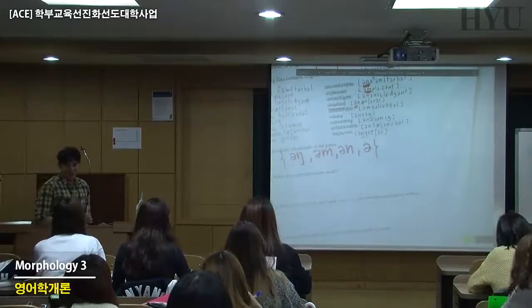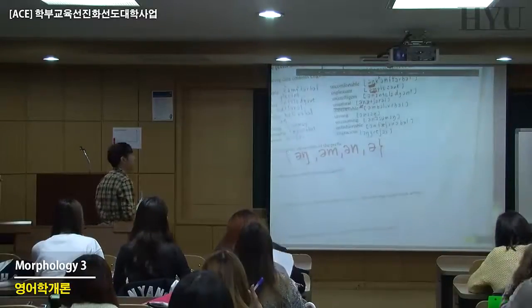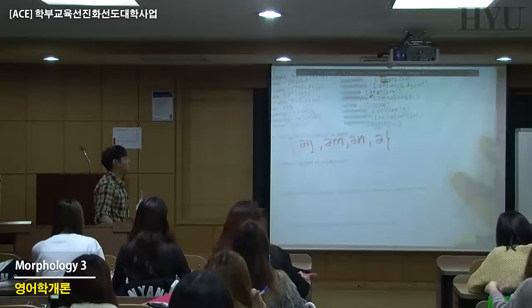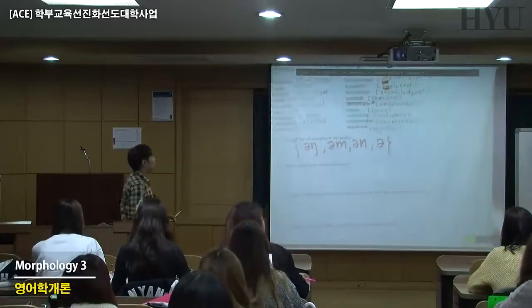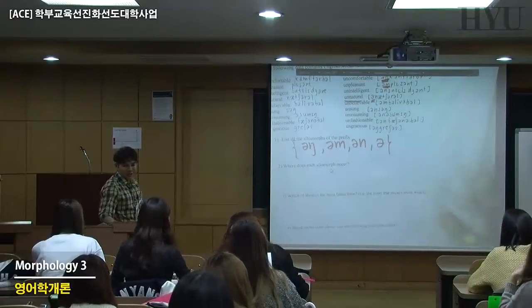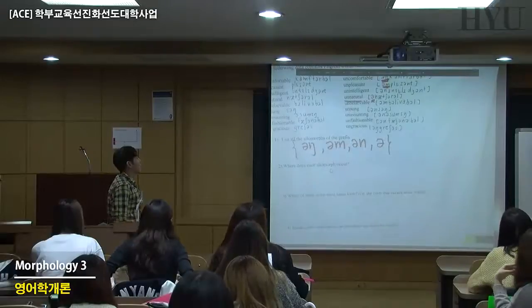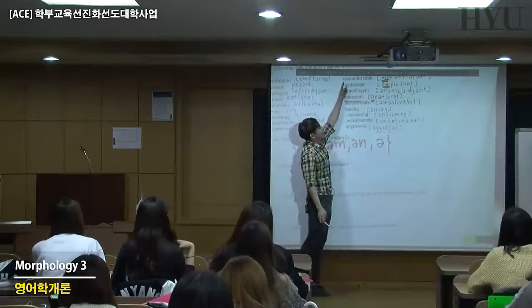Now, can you predict where you will see each allomorph? You should be able to predict if they are allomorphs of the same morpheme. Where do you see the N with the tail? Which one has the N with the tail? First word, right?